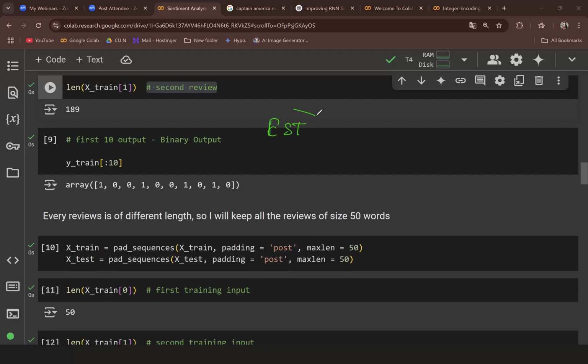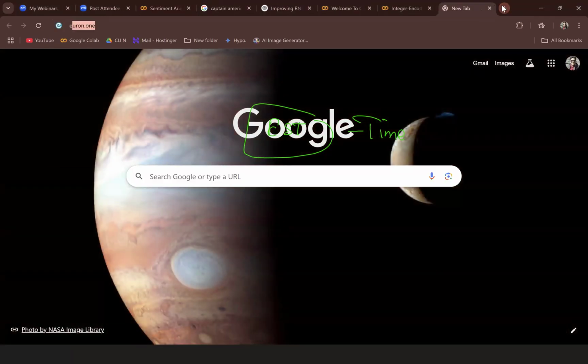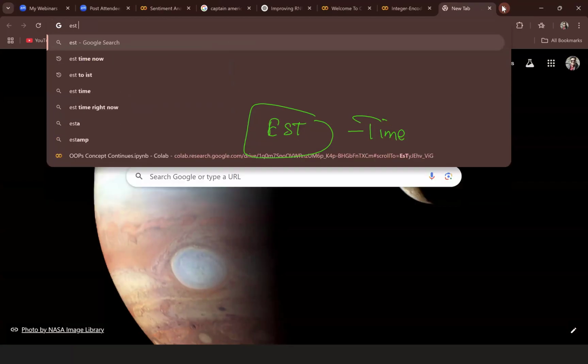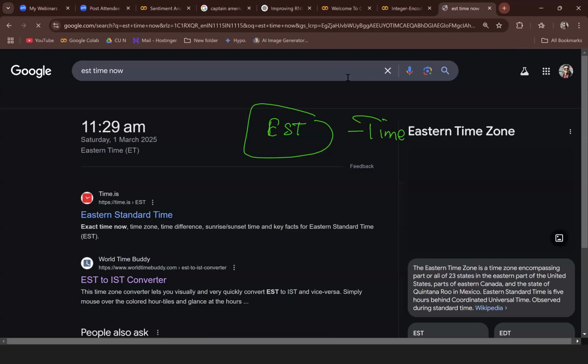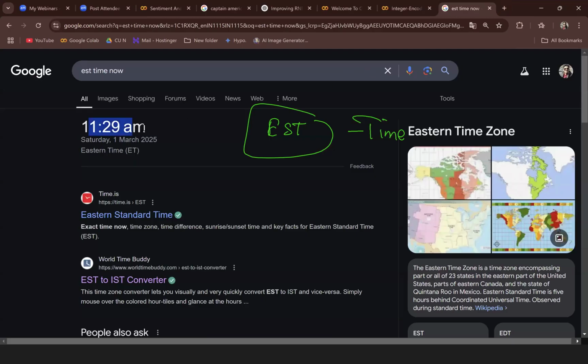Whether it's EST or whenever the change hits, it's 1 hour ahead. If daylight saving starts, in the EST time zone it will be the same only.